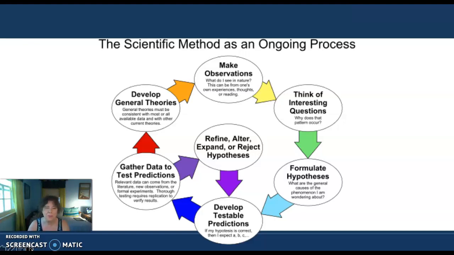This overview that I talked to you about goes around in a circle. This circle's been around for thousands of years in some way, shape, or form. And it starts at the top with making observations, then thinking about the questions about why, doing some research, very important, formulating the hypothesis, your prediction about a solution, then devising a method to test those predictions, testing the predictions and gathering the data, analyzing the data, and looking back to see if your original hypothesis, your original prediction, was supported by your test.